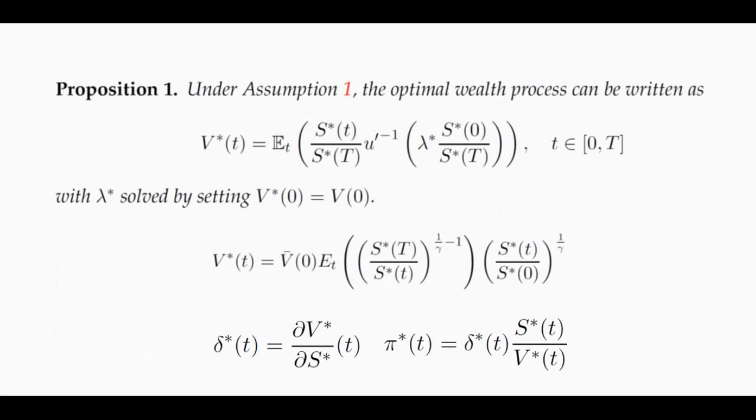So we can show that if these conditions are satisfied, the optimal portfolio process can be calculated using this formula. And the optimal asset allocation at time t is calculated as this formula, where the investor only needs to invest in 2 assets, namely the growth optimal portfolio S star and the risk-free asset, the cash.